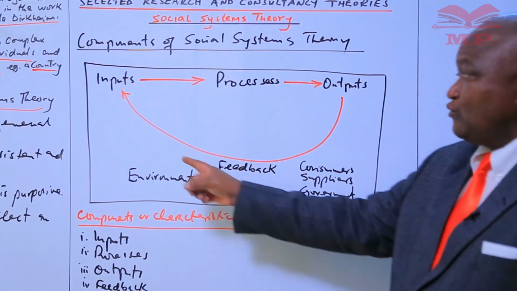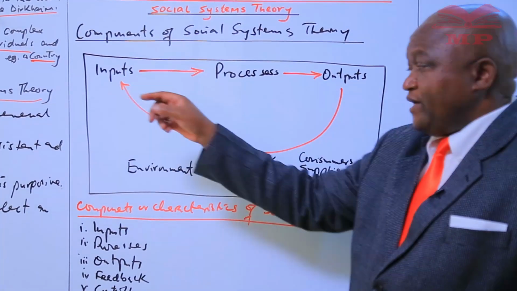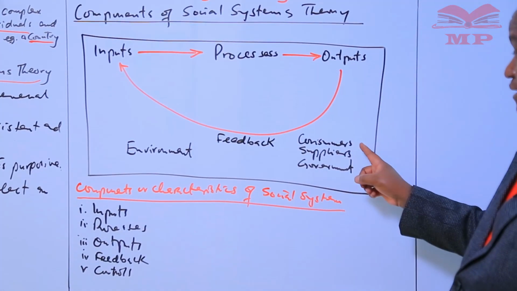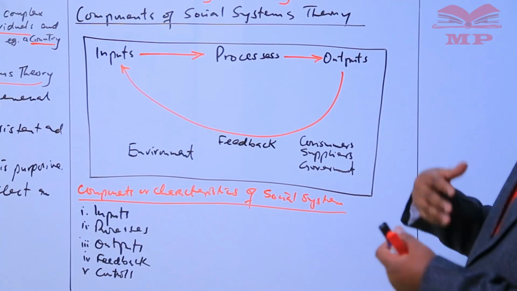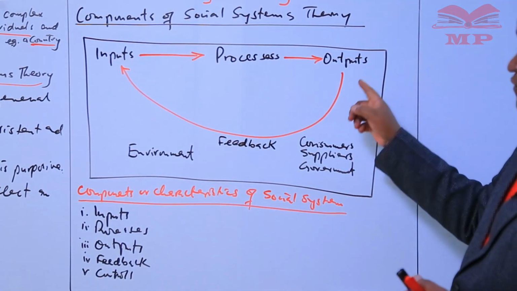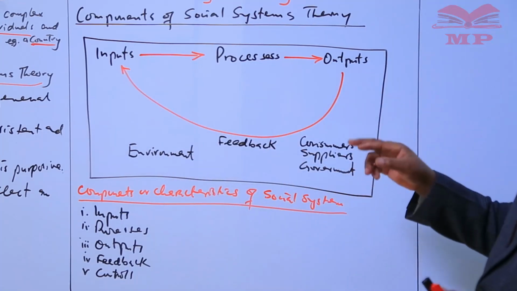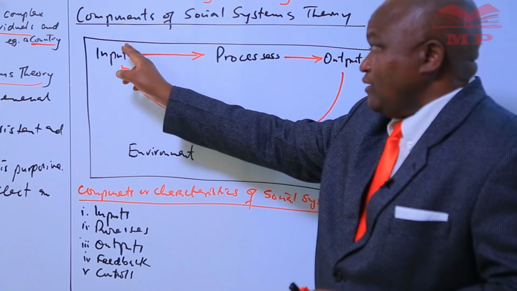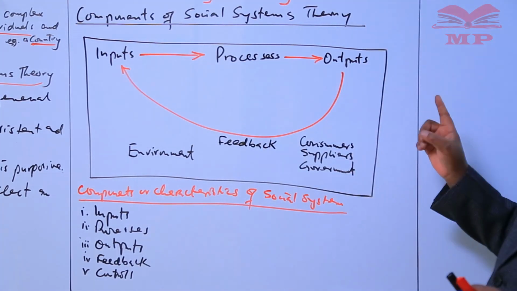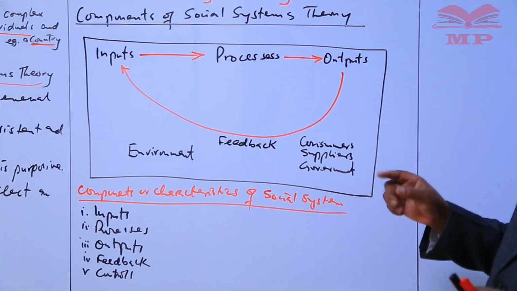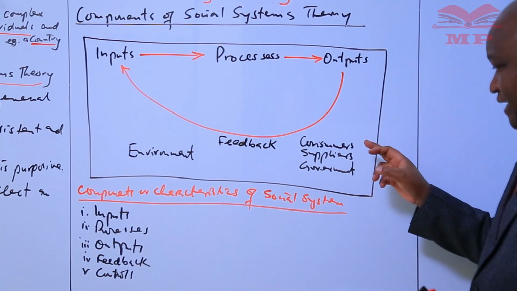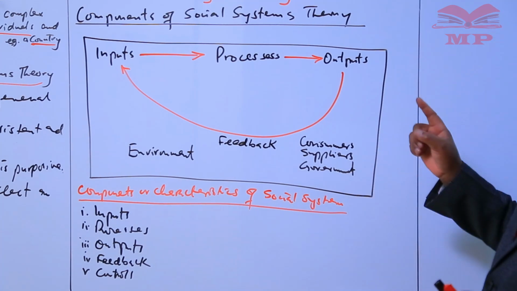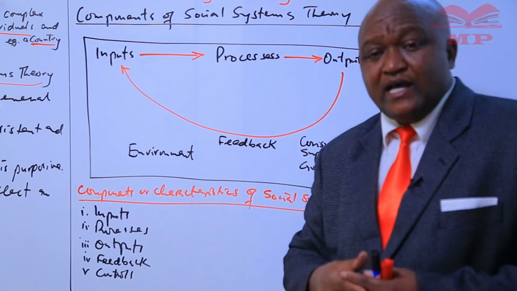So when the feedback is provided that what has been produced is being accepted by consumers, then that system will continue working effectively. If the feedback is negative, then wherever the inputs are coming from, there will be controls implemented to ensure that if consumers are complaining, or if suppliers, for example, are not being paid, arrangements are made to ensure corrective measures are taken.